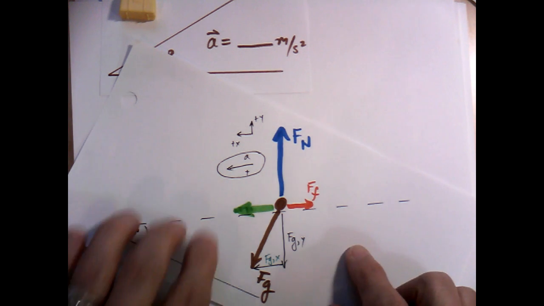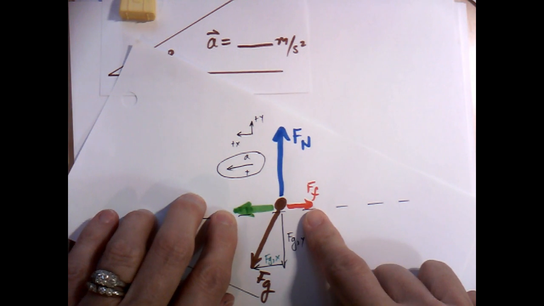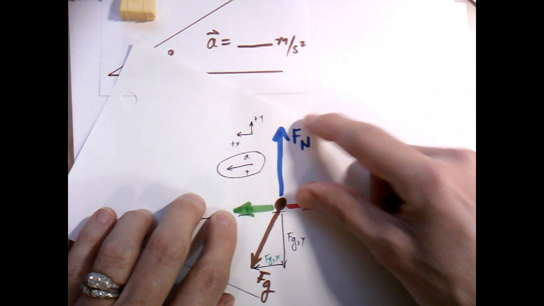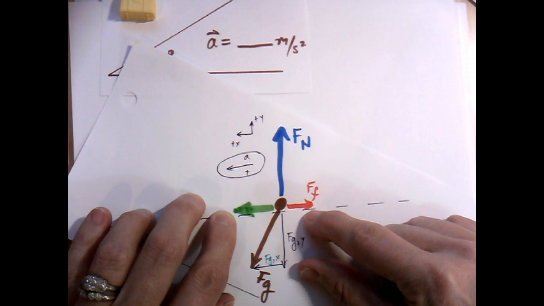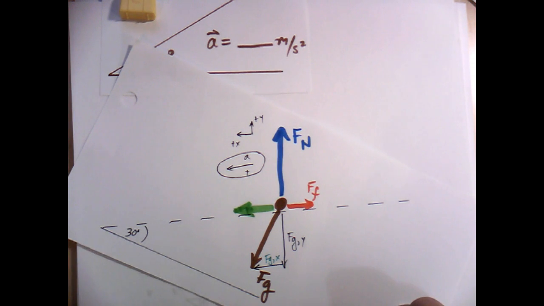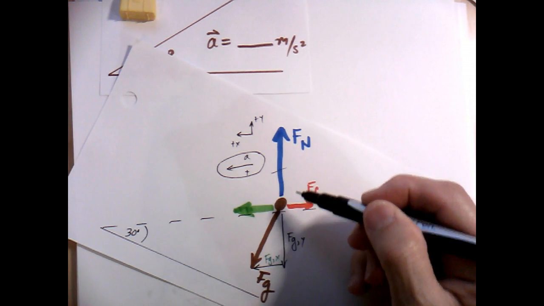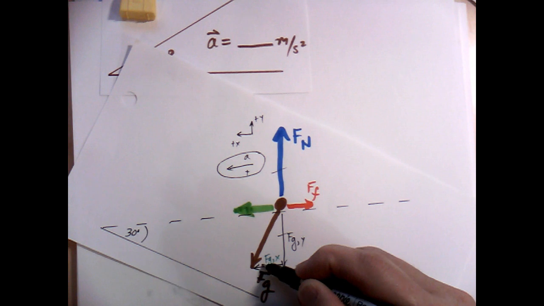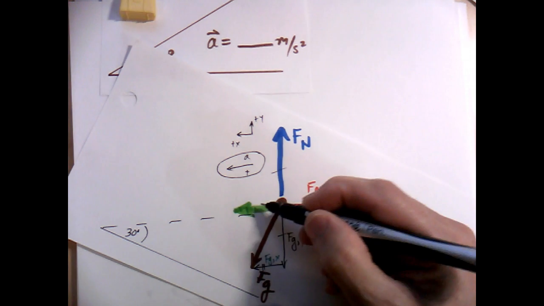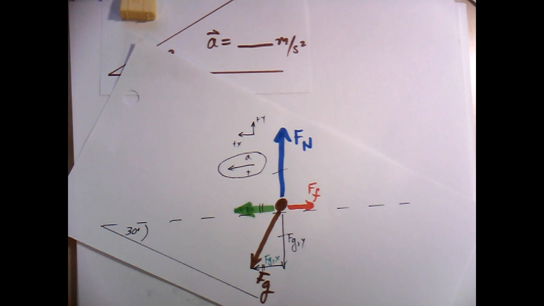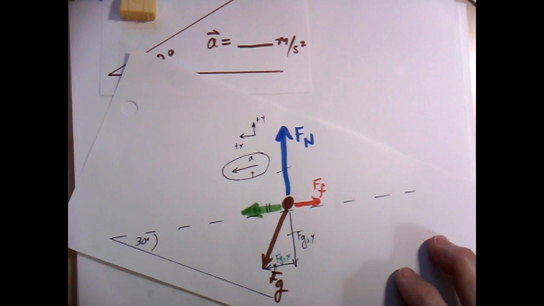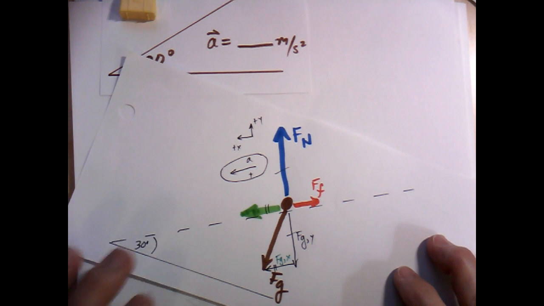So I should have this green arrow being just a titch longer than this red arrow, and then the normal force arrow and FGY are equal in magnitude and opposite in direction. So if I wanted to mark that this is congruent to that and this is congruent to that, I could. Okay, so that lets me know what components are equal to one another.